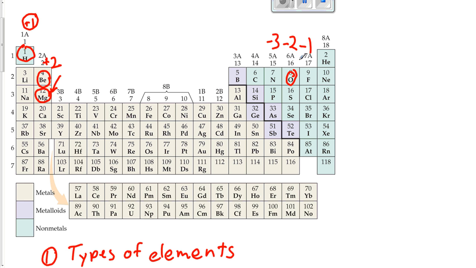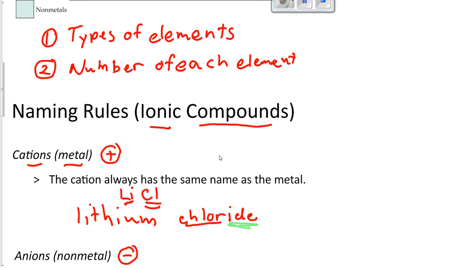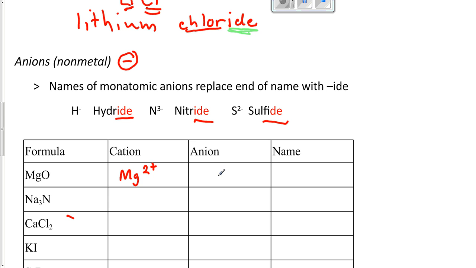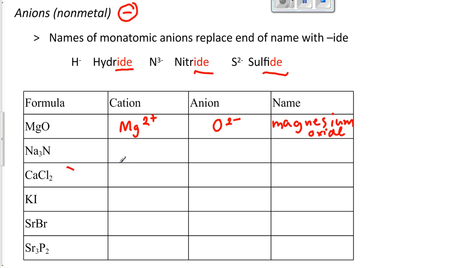So oxide here is -2, so we're going to write O2-. And then the name is pretty simple. It's magnesium oxide. I didn't leave enough room in this table here, so I normally would write them all out, but that's magnesium oxide.